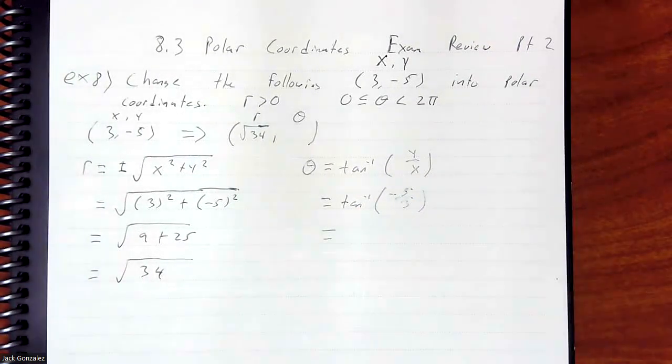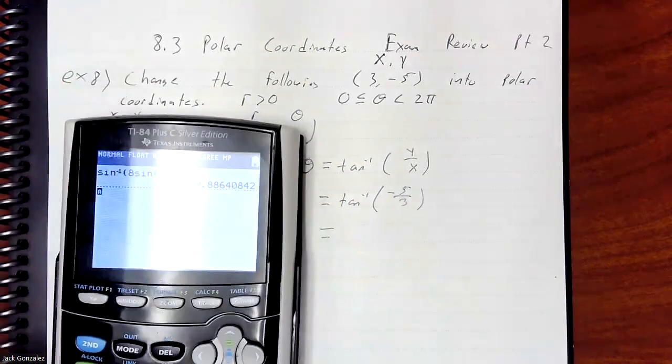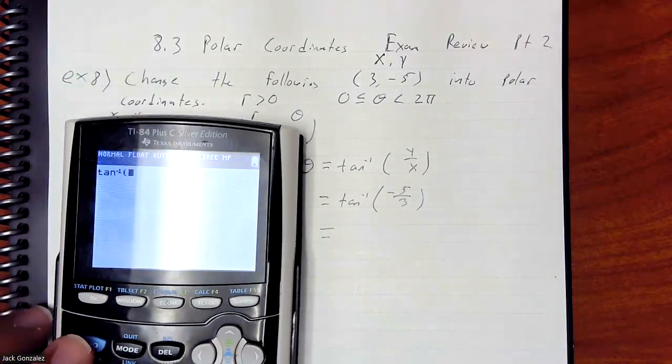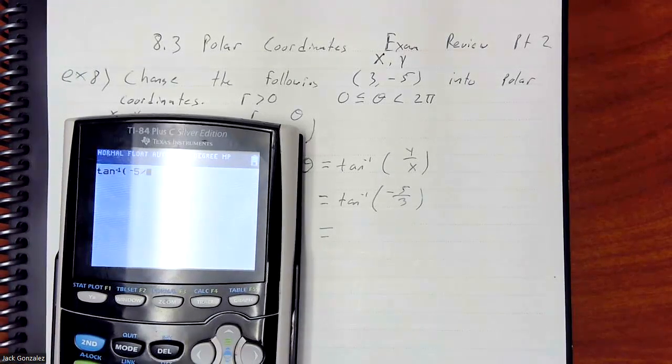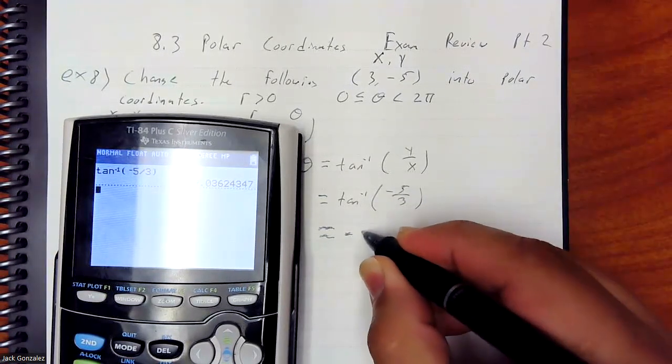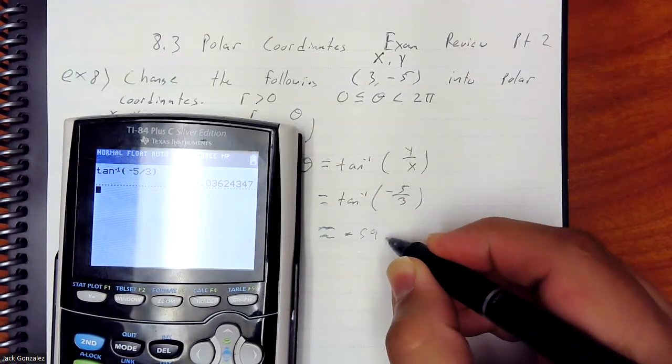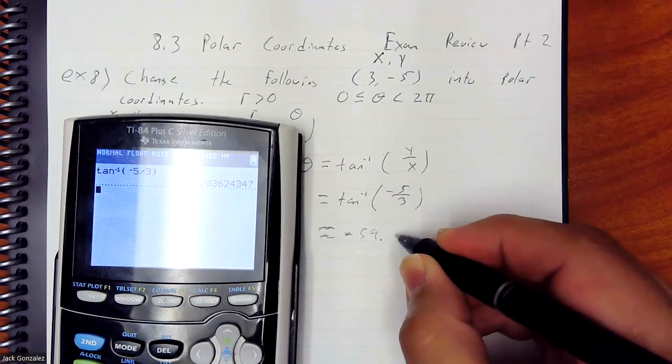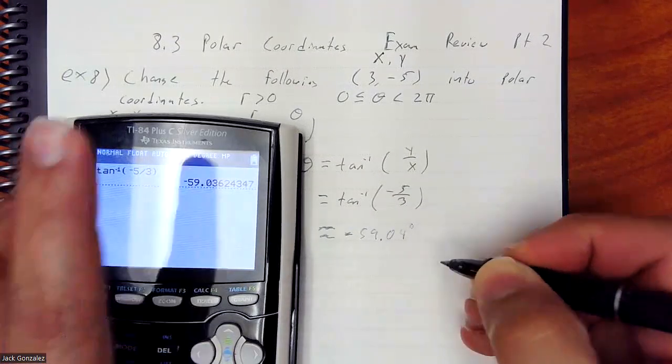So calculator, in degrees. So this is approximately negative 59 degrees. We'll say point, I don't know, 0.04.